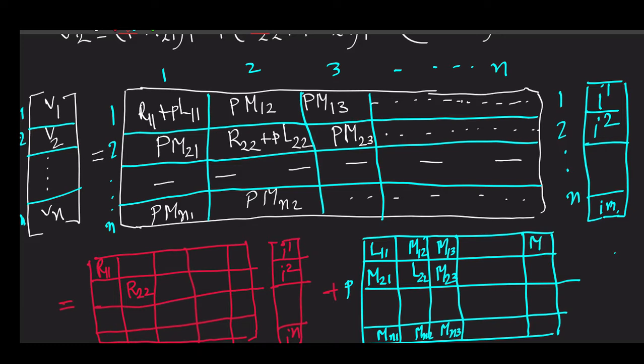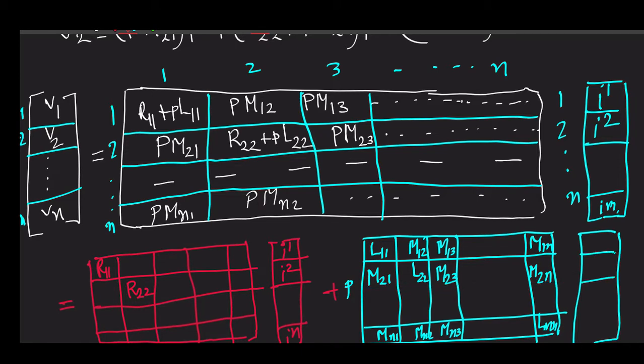Similarly, you have here M1N, M2N, LNN, and here I1, I2, up to In.